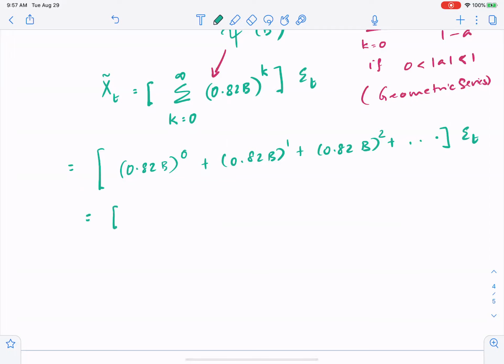First term's easy, it's just 1. 0.82B, second term is easy. The next term we've got is 0.82 squared, 0.984. Did I do that right? No, something seems off.